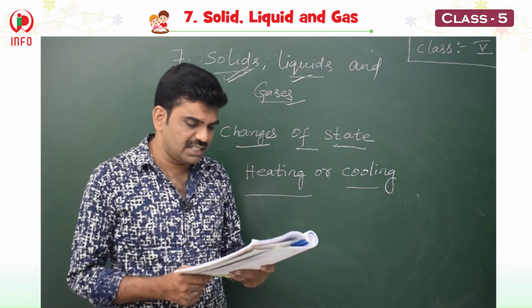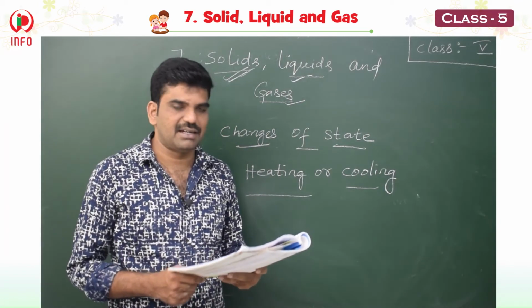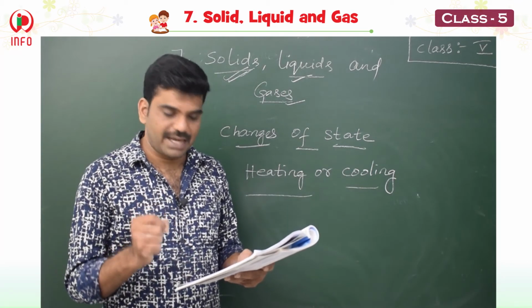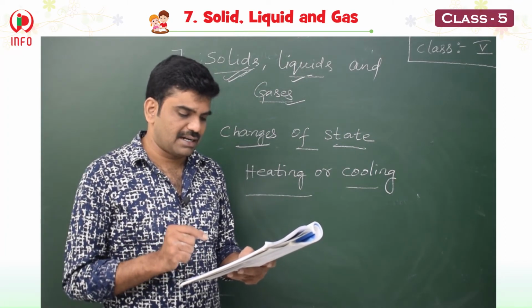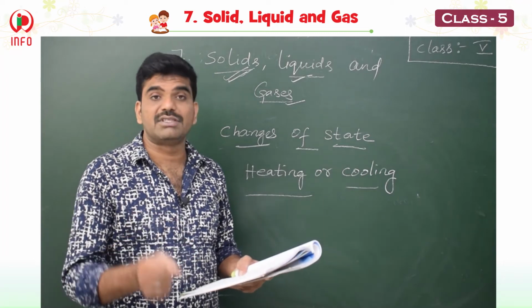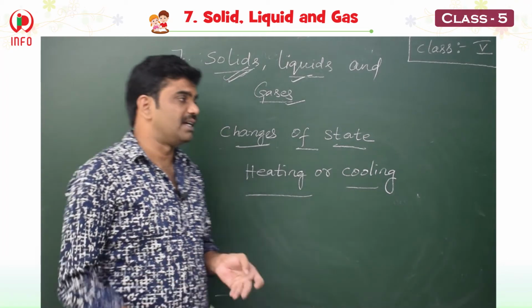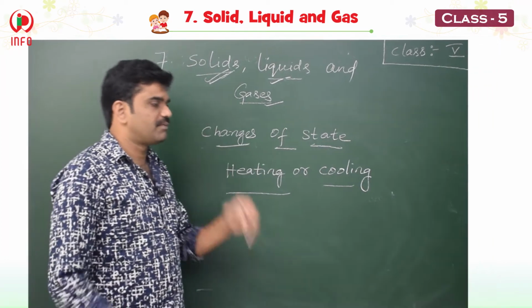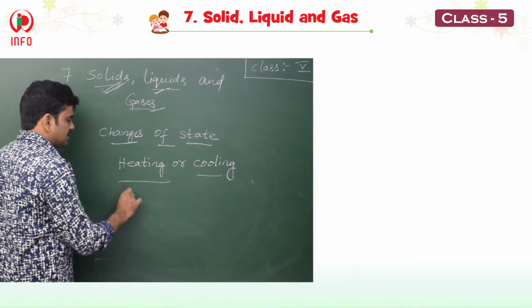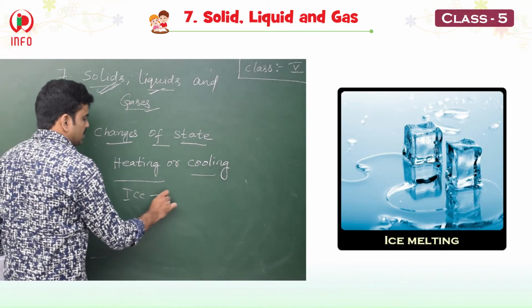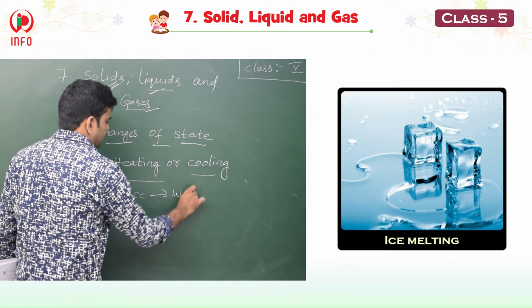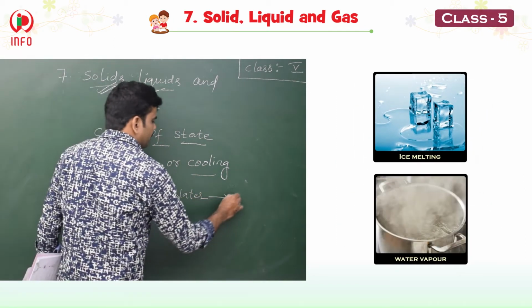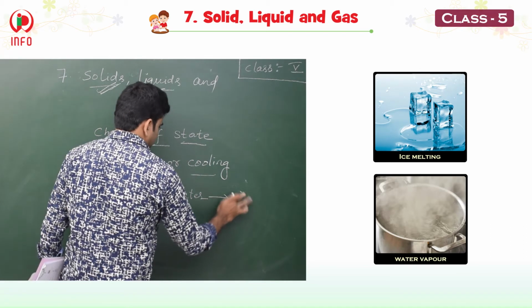Sometimes the changes are in the state of matter, like solid to liquid or liquid to gas, while sometimes the matter changes altogether, and a new substance is formed. For example, if you take ice, ice can be changed to water on heating. On heating, water can be changed to vapor, that is gas.